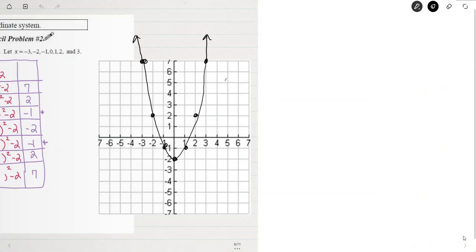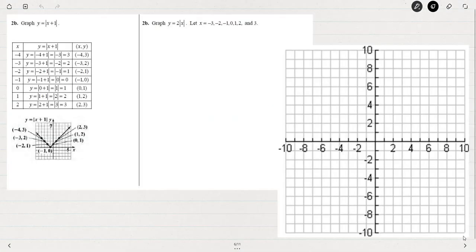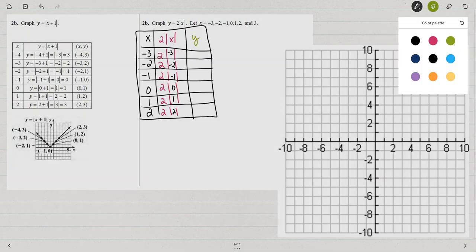Let's look at number 3. For number 3, we've got another graphing, but this one is an absolute value. You might recall that the shape is going to come out like a V. You can see I've drafted in a chart for this. When x is negative 3, we have 2 times the absolute value of negative 3.